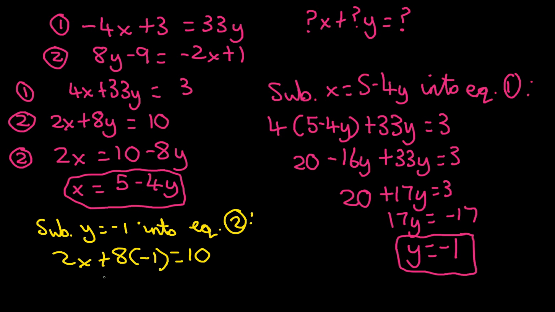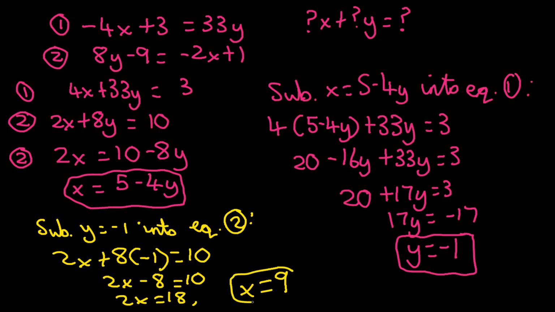Expanding this bracket, 2x minus 8 is equal to 10. Adding 8 to each side, 2x is equal to 18. So x is equal to 9. Again, always check your answers if you have time.